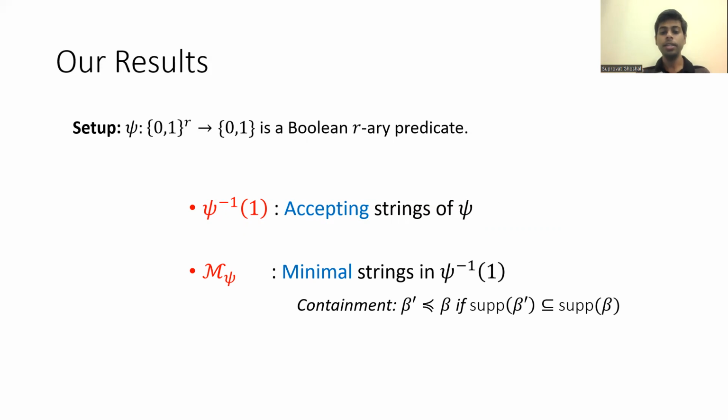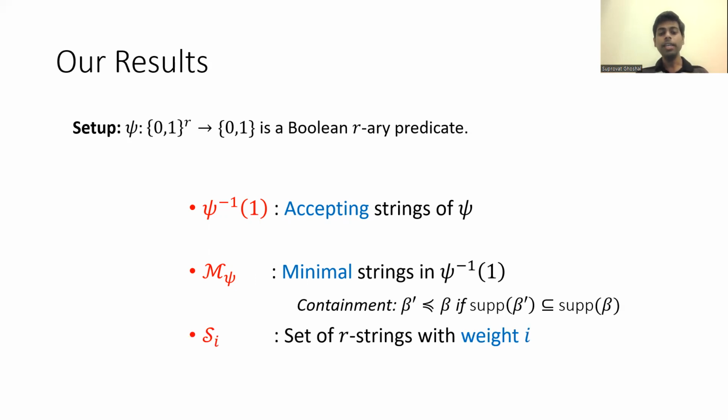Let's say we take two Boolean strings, beta prime and beta, and we will say that beta prime is preceded by beta under this partial ordering if the set indicated by beta prime is contained within the set indicated by beta. So this now, of course, defines a partial ordering among the set of accepting strings for the predicate. And with this partial ordering, we will identify the minimal elements as the minimal accepting strings for this predicate.